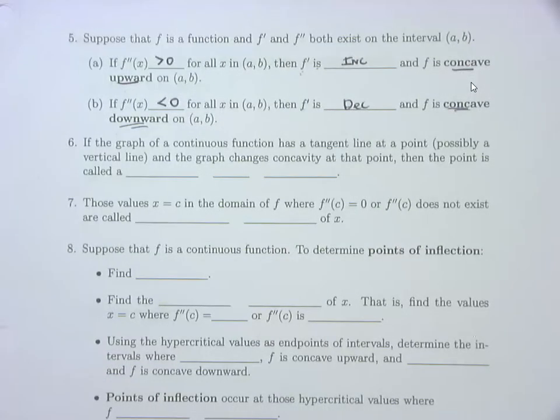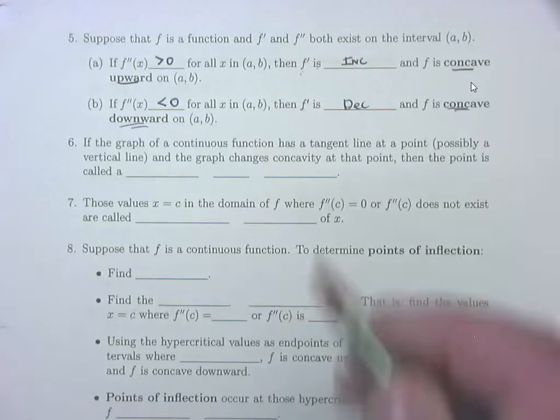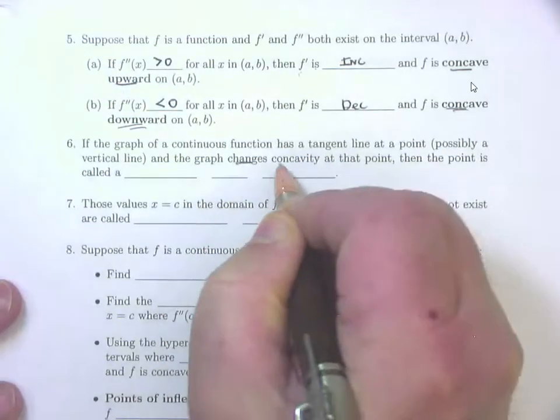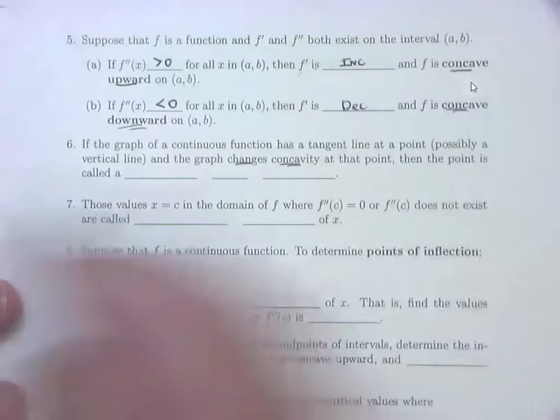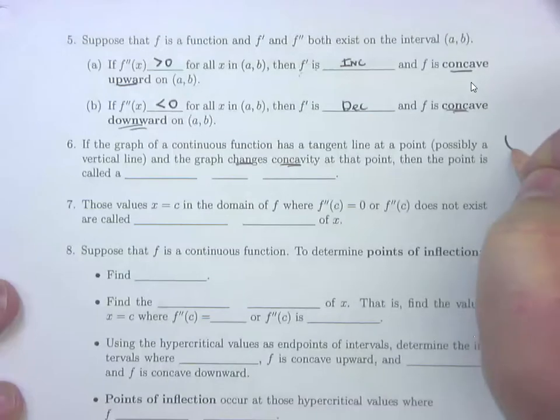If the graph of a continuous function has a tangent line at a point, possibly a vertical line, and the graph changes concavity at a point, then the point is called what? Well, we're talking about changes concavity. We talked about that just a few minutes ago. To change concavity, that'll be going from concave up to concave down, or going from concave down to concave up.